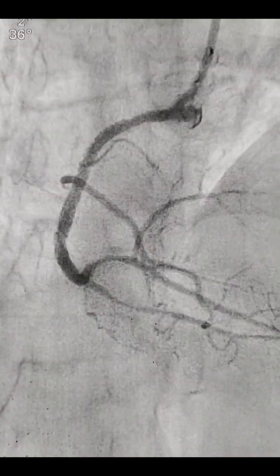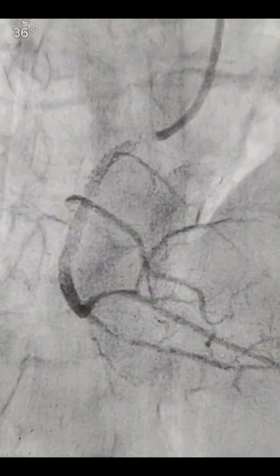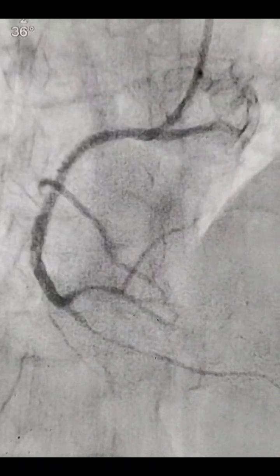This is even after aggressive post dilatation. You can see this sort of result. This is a still image to show exactly, and we accepted this result after doing two times dilatation with 3.5. This is the result.